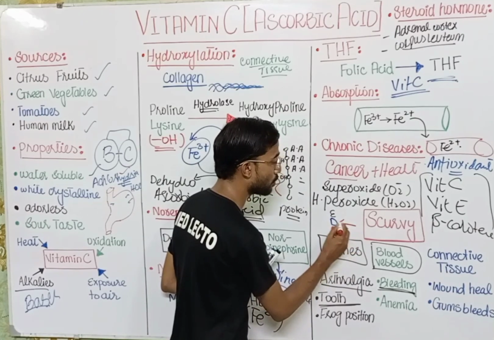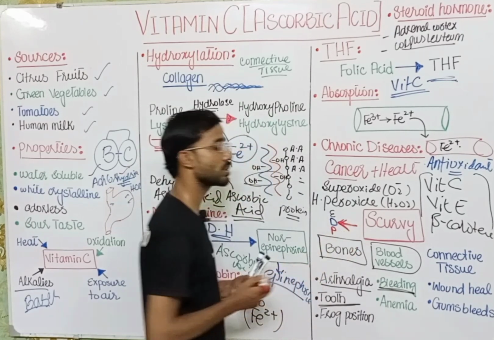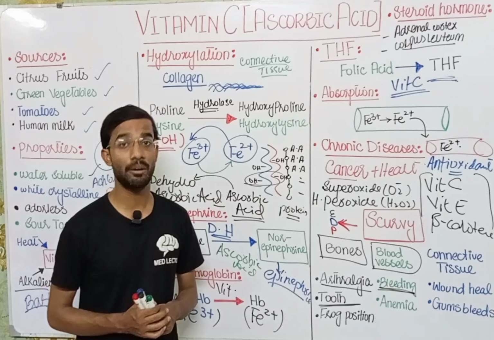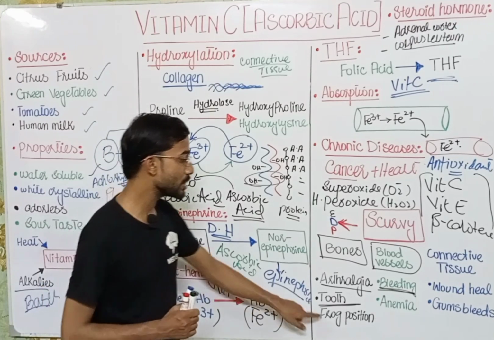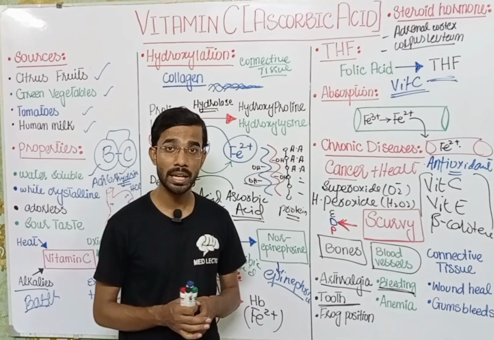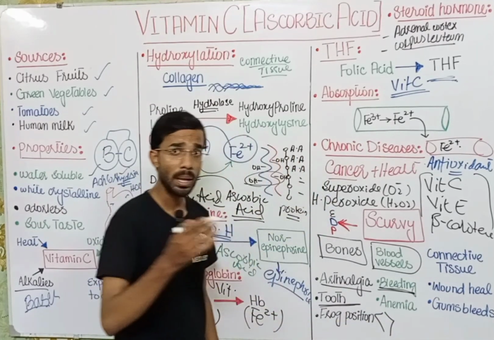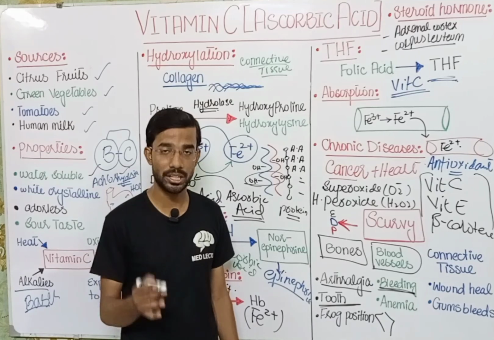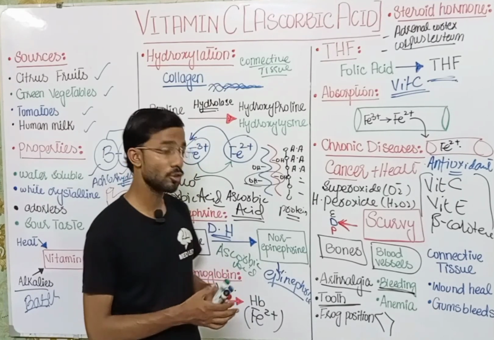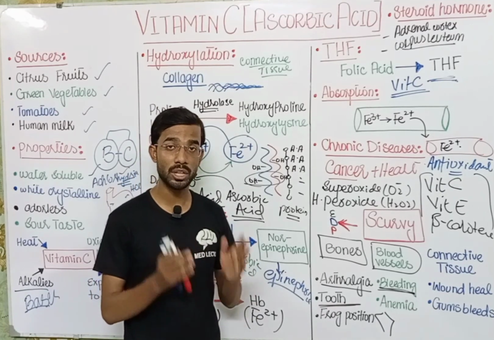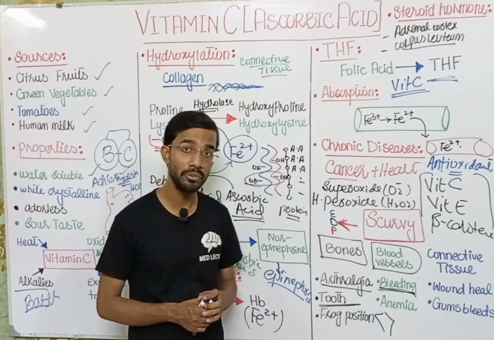The dentine is mostly affected when you see vitamin C deficiency. Next is the frog-like position of the legs in infants. In that situation, the legs become abducted and flexed, because the structure of the bones becomes weak.